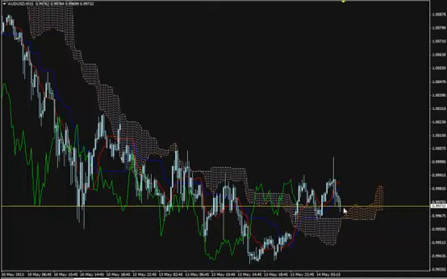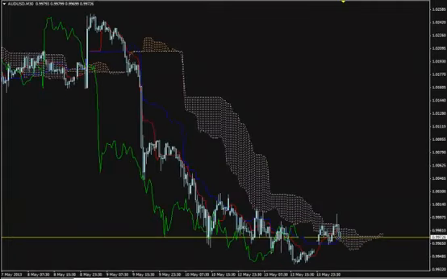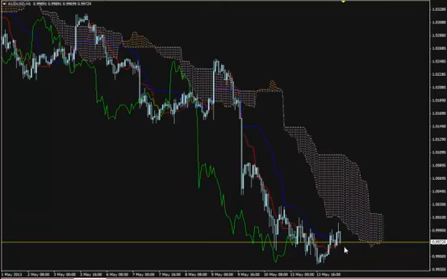So if we see a bearish Kumo breakout on the M15 chart, followed by a bearish Kumo breakout on the M30 chart, and followed by a 100% bearish image on the hourly chart, which is not here. It's not bearish because we want the price to be below Kijun-sen. Below Kijun-sen is the blue line.